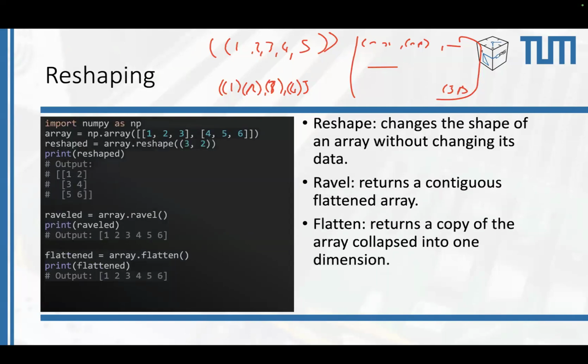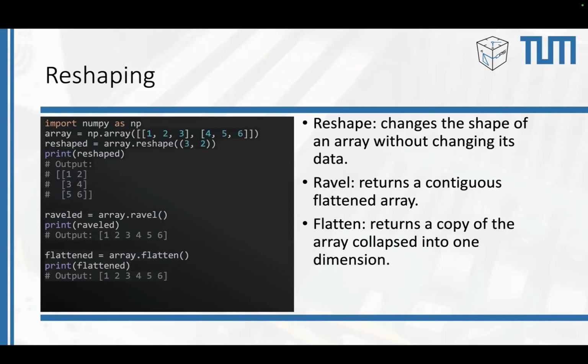Reshaping. So sometimes you might think, well, it's nice and good to have 5 dimensions, but I really need 1 for this particular process. Like you want to do a particular operation on the pixels that is not supported when you have 2 dimensions. You want all the pixels in a big list. What you can do is reshape. Let's say your image is 64 by 64 by 3.